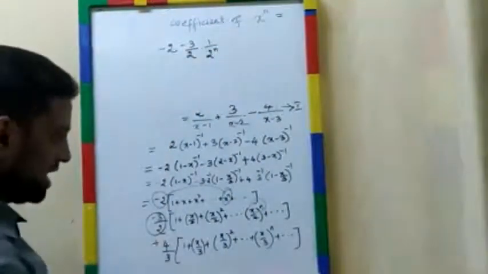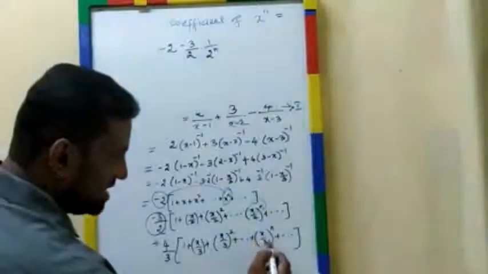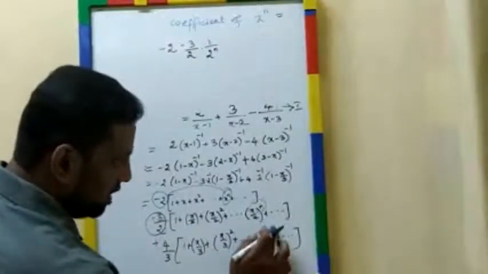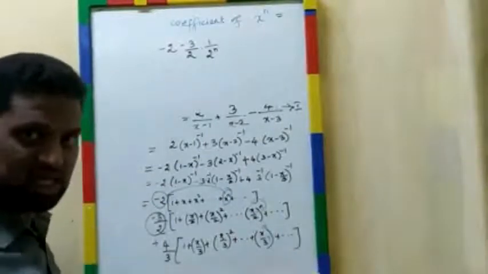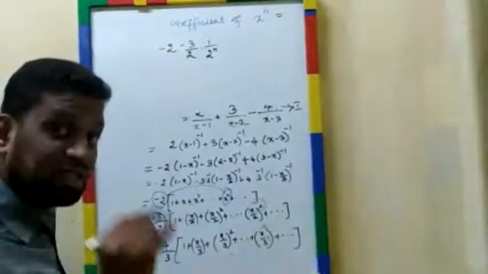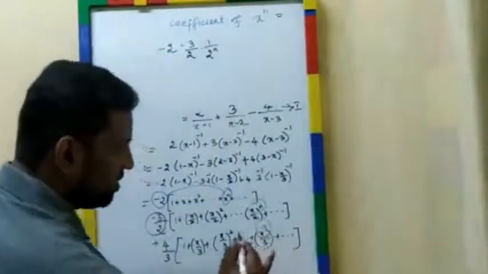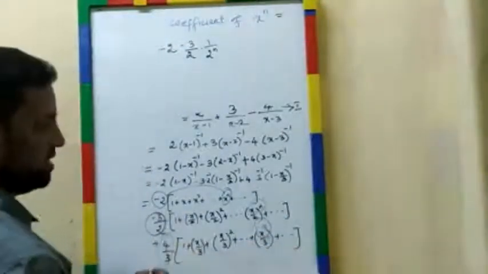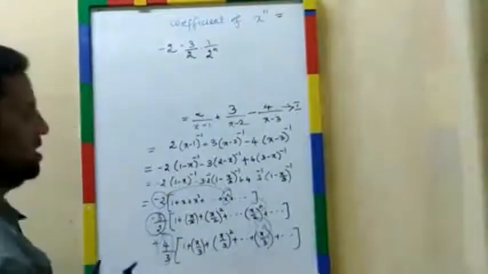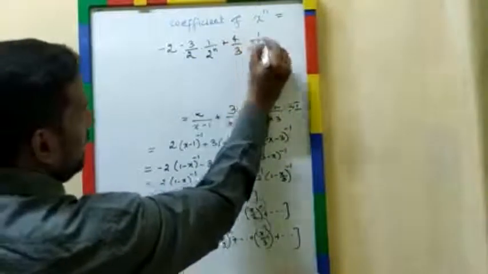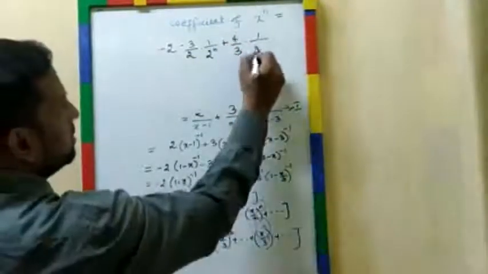Do you understand? Similarly, now you see clearly. This is nothing but x power n and 3 power n. Okay, whole power n means x power n, 3 power n. Coefficient of x power n now you have to take. So coefficient of x power n means outside 4 by 3, denominator 3 power n.